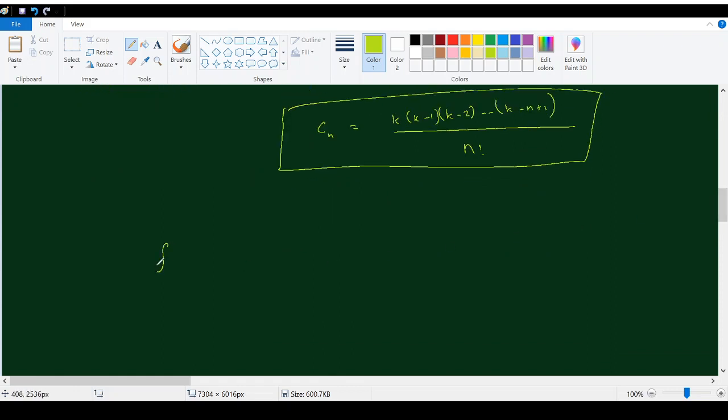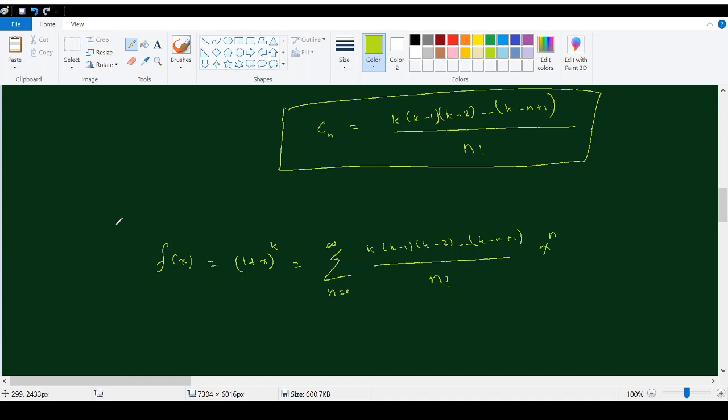Therefore, the power series of this term, (1 plus x) to the power k, will be equal to the sum, n goes from 0 to infinity, of this whole thing, because it is our Cn, divided by n factorial, x to the power n, right?